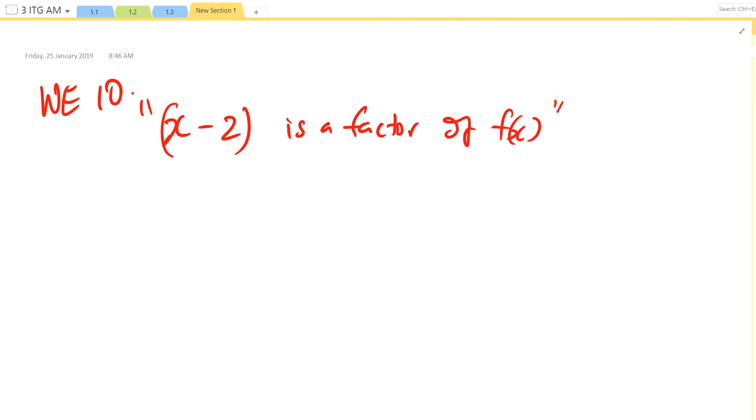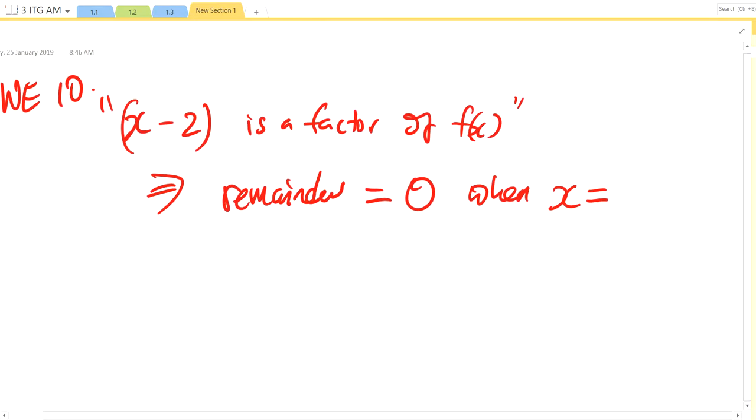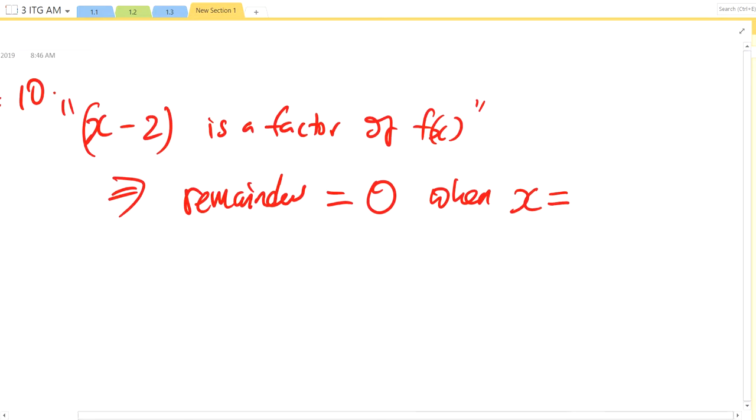What does that tell me about the remainder? This must be your train of thought. x minus 2 is a factor of f(x). Therefore, remainder equals 0 when x equals... Come on. Are you sure it's 2? Think about it. x minus 2 is a factor of f(x).